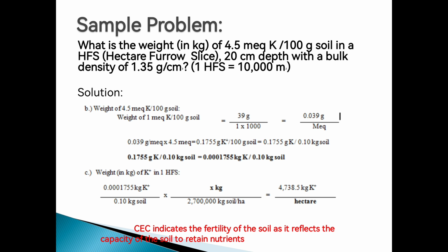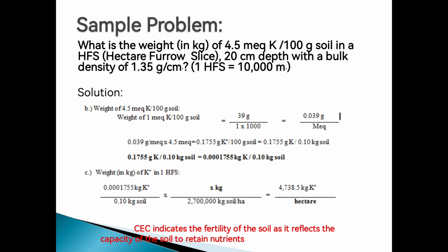So that the units match, we're going to convert it first from gram to kilo, and then when we already have our values in kilo, we can just multiply it now to the weight of the soil, which is expressed in kilo per hectare.